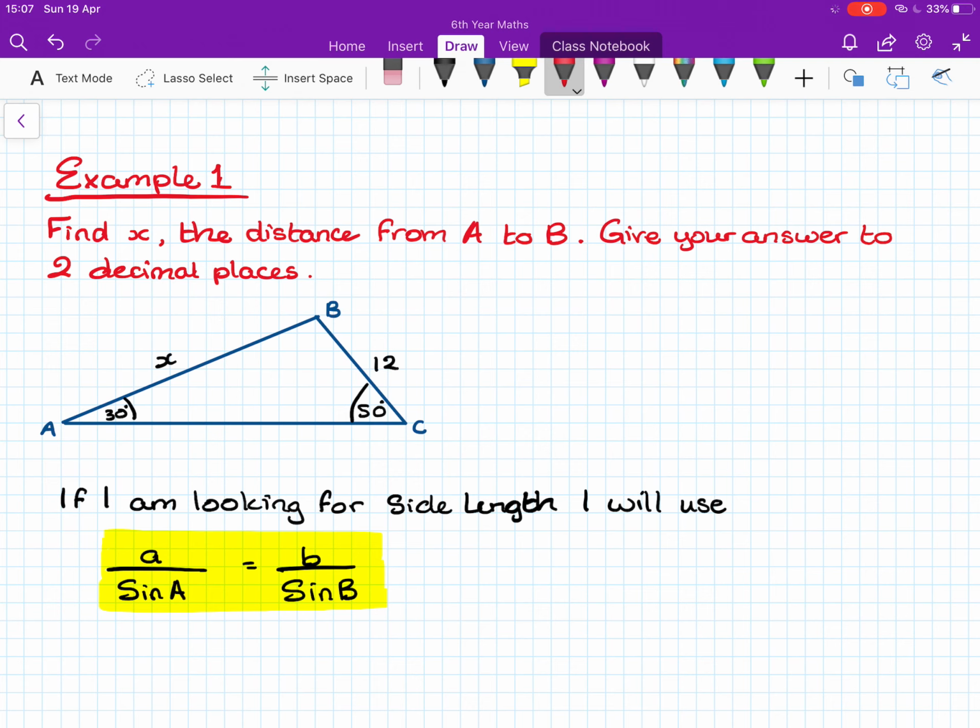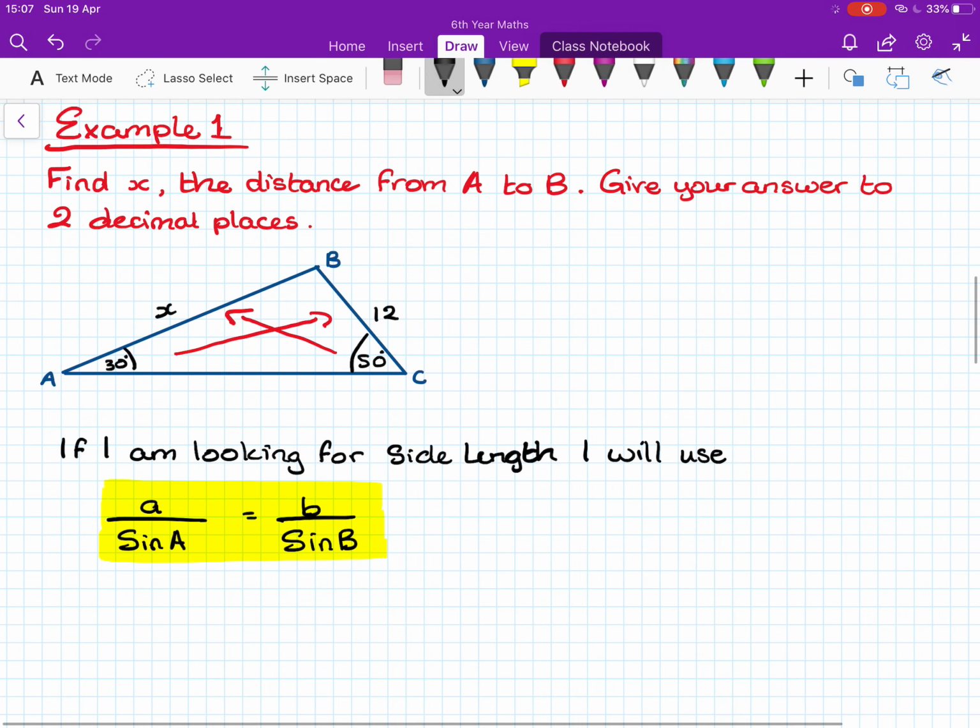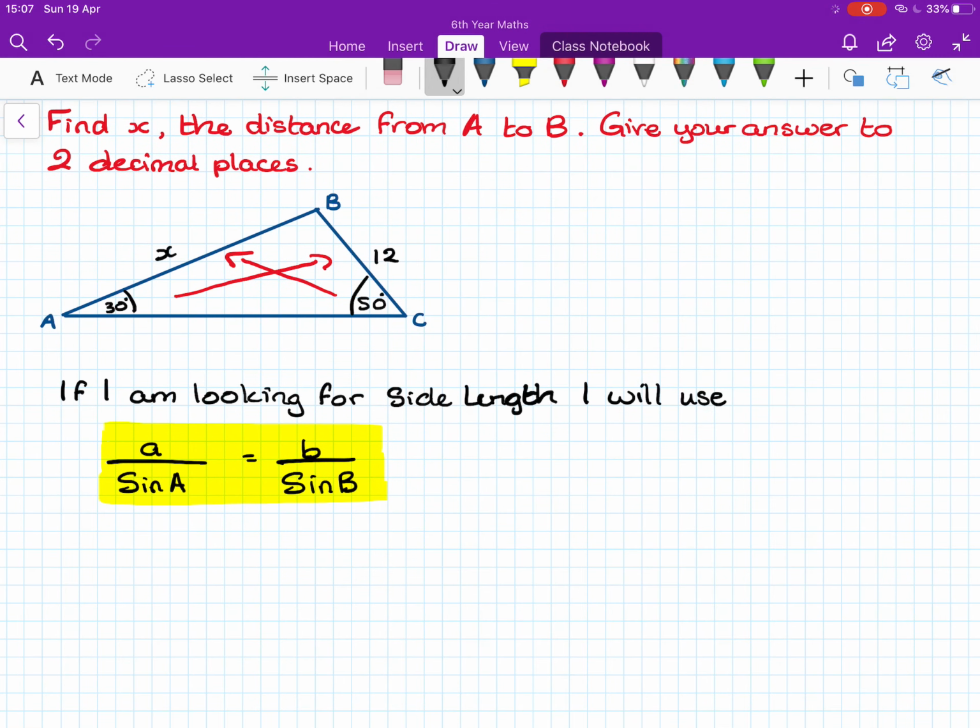First thing we need to do is look at which angles correspond to which side. We know it's opposite. So this x corresponds to this 50 degrees and this 12 corresponds to the 30 degrees. For figuring out that side length, I'm going to put x in my top left-hand corner because that's the nice side for us to work with.